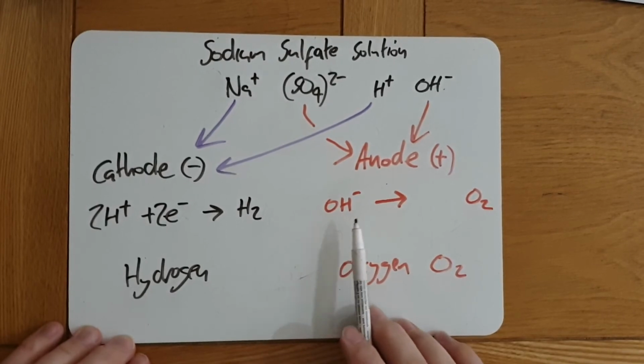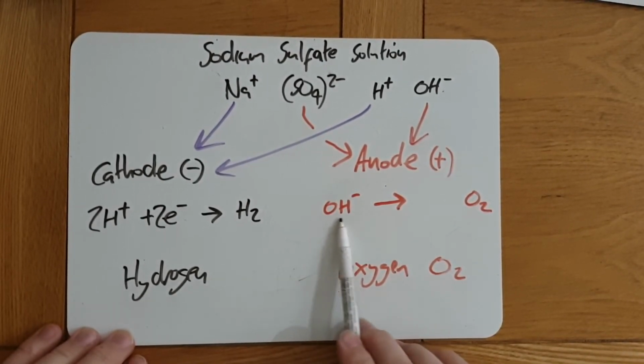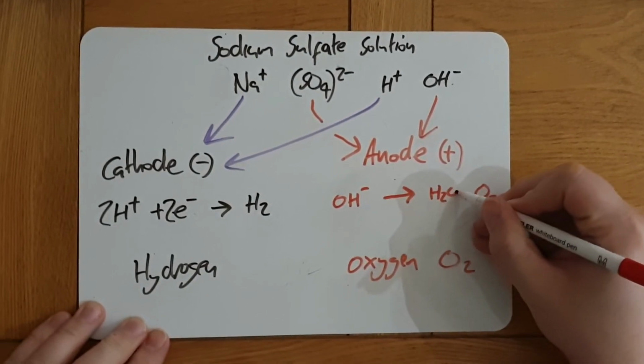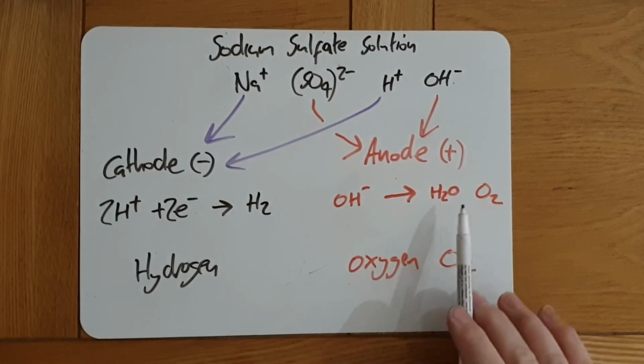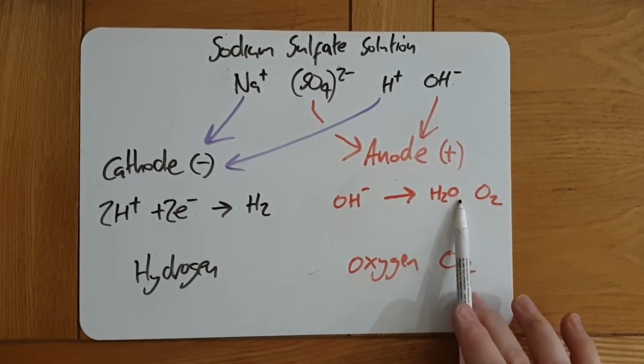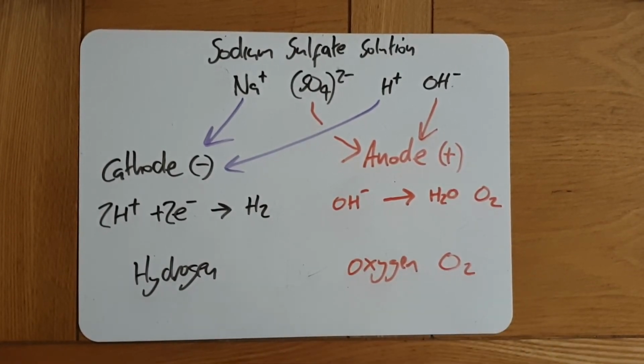But we know it's not going to make hydrogen, because hydrogen's being made over here. So the only other thing we can make with these ingredients is water. So we're going to make H2O. And then that gives us an odd number of oxygens, because we've got 2, we've got 3. This isn't going to work. We're going to balance this out.